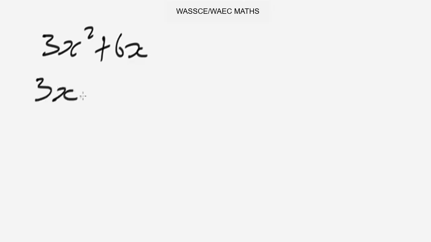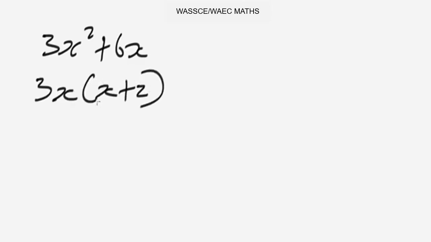Okay, now let's begin with factorization that involves putting brackets in. Let's say we are given this example. We have 3x squared plus 6x. I ask to factorize this expression. This is basically the same thing as 3x in bracket x plus 2.